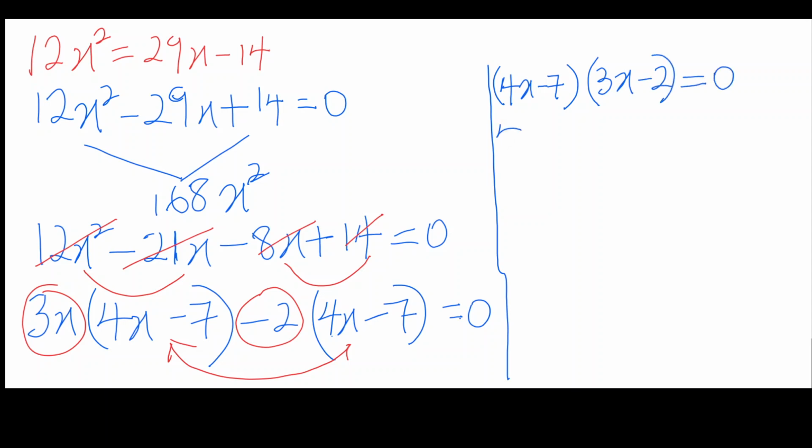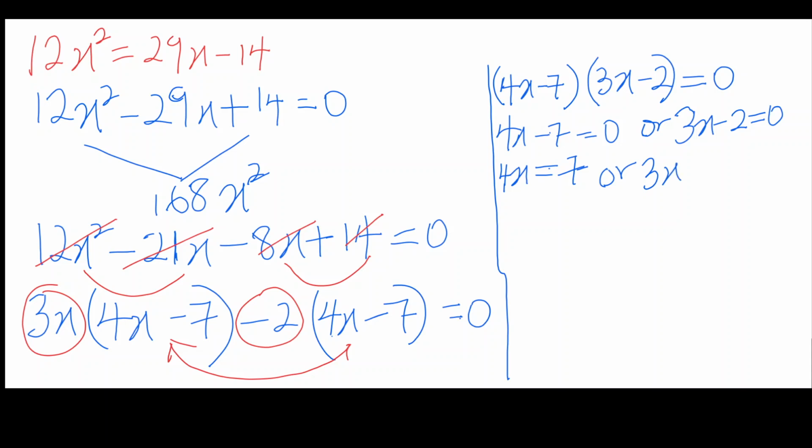So it's either 4x minus 7 equals 0 or 3x minus 2 equals 0. So either 4x equals 7, or 3x equals 2.